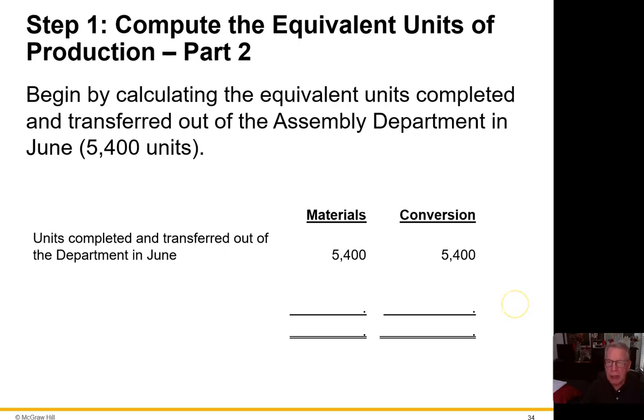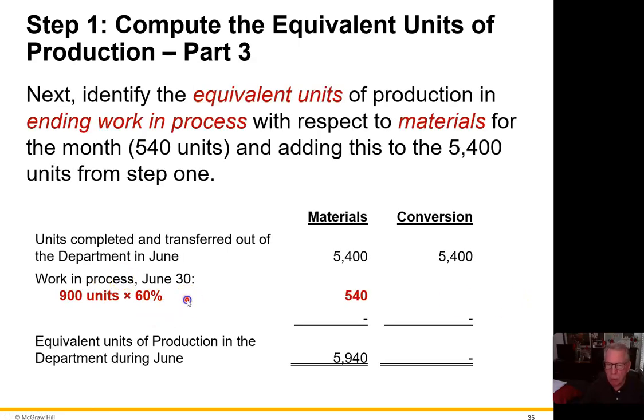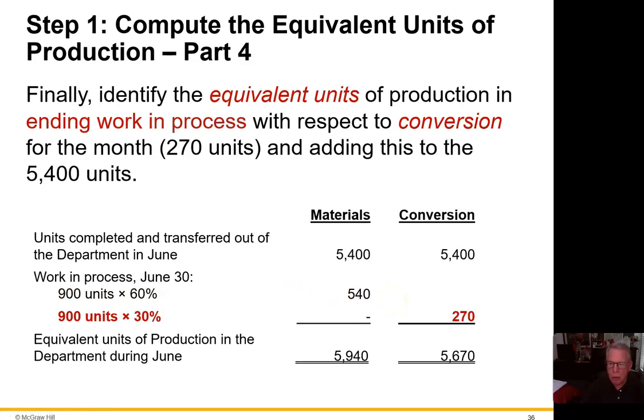So 60% with respect to materials would be 540 equivalent units. And then we have 900 units with respect to conversion at 30%, which results in 270 units. So our equivalent units of production in the department during June were different for materials and conversion. We had 5,940 for materials and 5,670 for conversion.